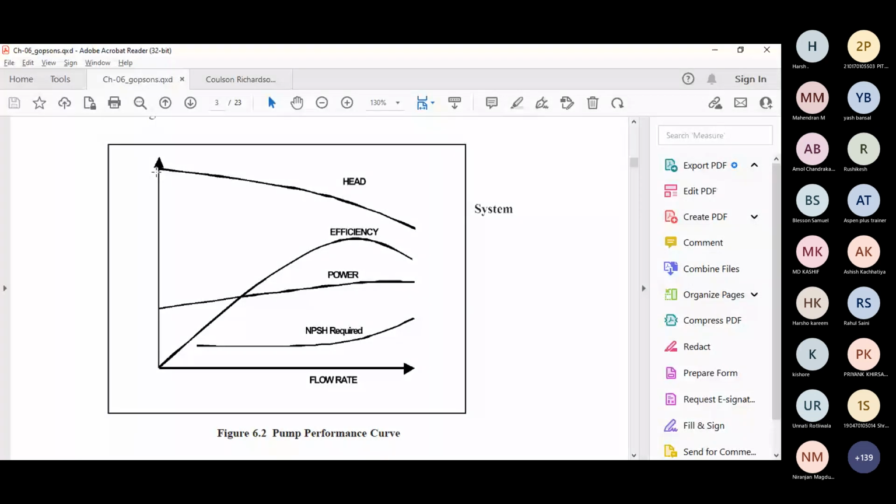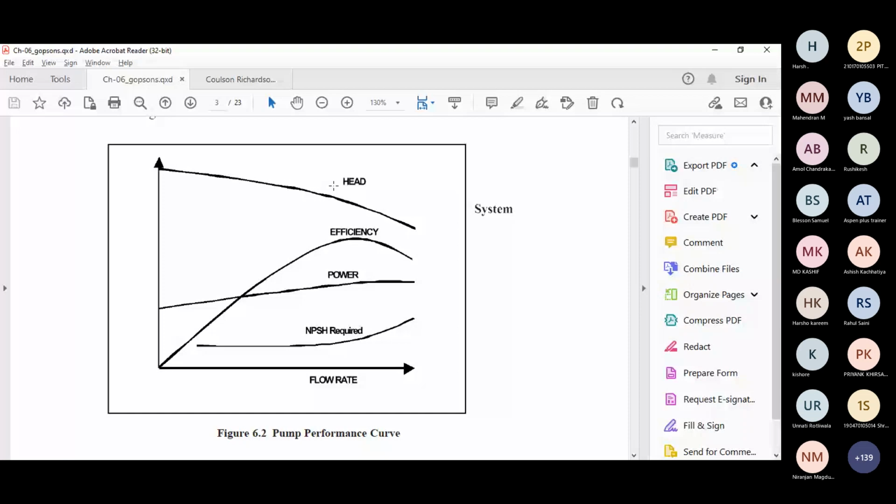Now as you start opening the valve, what will happen? Your fluid flow will start. The pressure will be released and all your pressure will get converted into dynamic pressure, that is in terms of velocity. Your pressure head reduces and gets converted into velocity head. So your fluid starts to get some momentum, and your velocity is increasing with respect to flow rate.